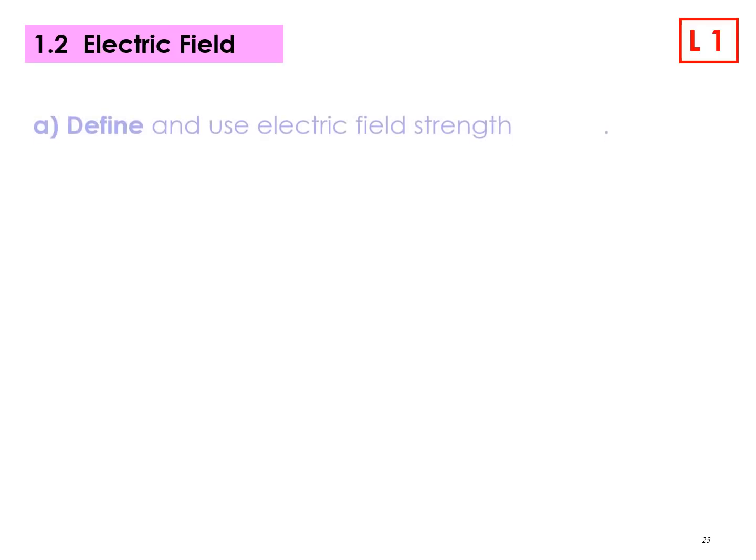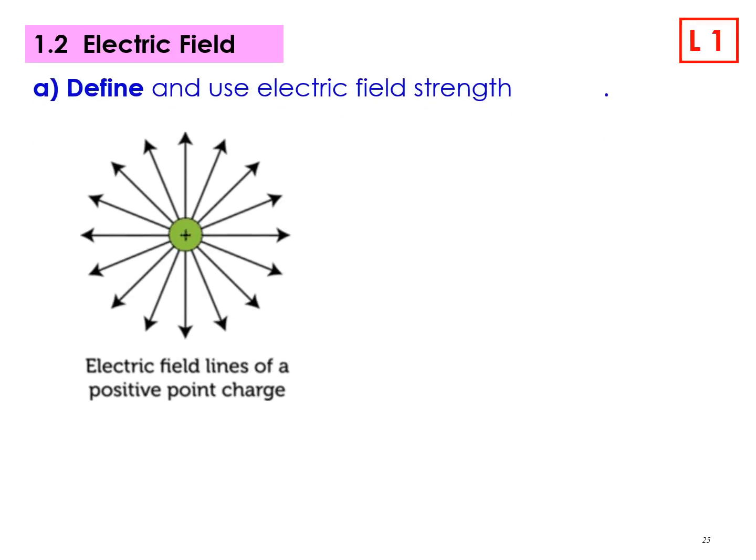For example, this is the positive point charge, and here the radially upward line with the arrow is the electric field line.